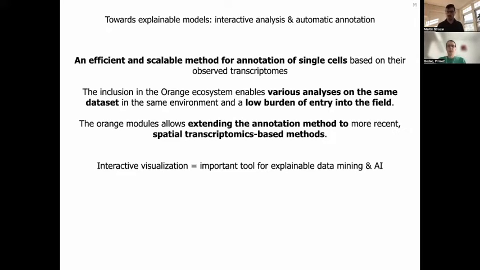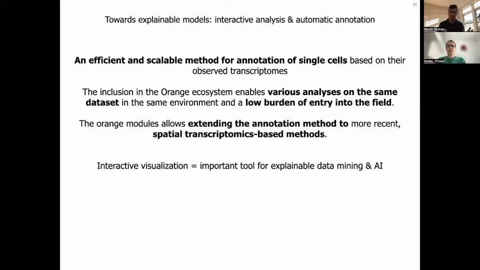By including it in this general Orange environment, we allow various flexible analyses, a very low burden of entry to the field, and a smooth learning curve for anyone interested in analyzing their own single-cell data.